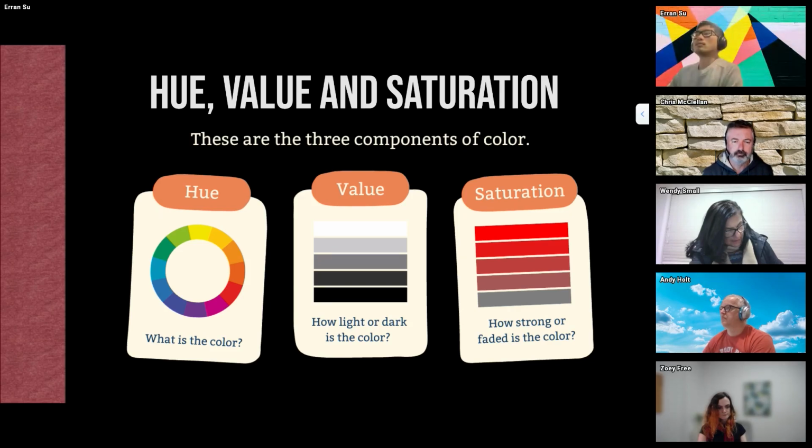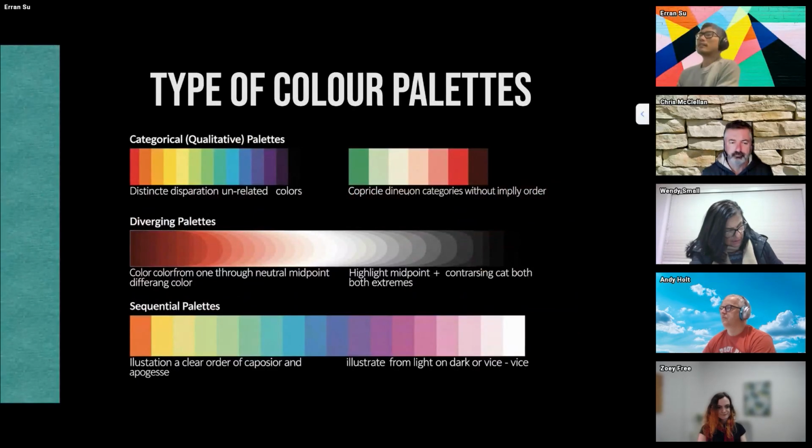From that, we'll move on to the different types of color palettes. The first will be the easiest, the categorical palette, which is when you are trying to show, for example, different states, and you pick a different color for each state. Each state is not related to the others, so we use categorical, which is fairly easy.